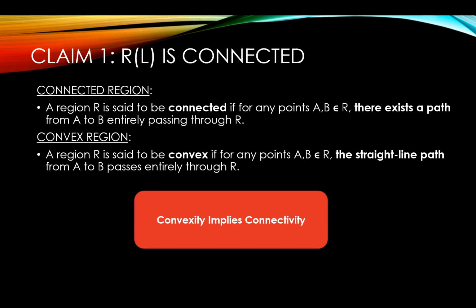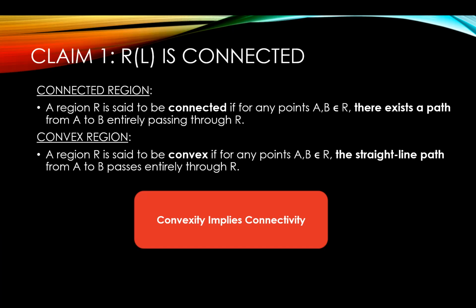In a connected region, we say that there exists a path from A to B entirely passing through R, but here we make it more specific, and we say that the straight line path from A to B passes entirely through R. That is a convex region. Since convexity is simpler to prove, we'll be working with convexity. We'll prove that R of L is convex, and thus R of L is connected. Hence, convexity implies connectivity.